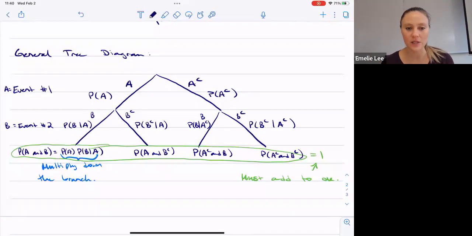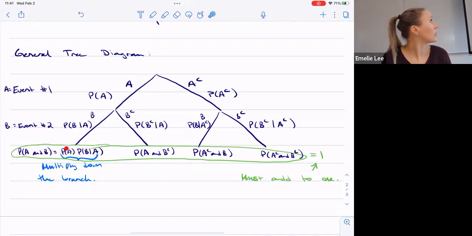And the last thing I want to say before we do our example is if I want to know the probability of B happening, in this general example. If I don't care if A happened, the probability of B happening, well, B happened down this branch, right?